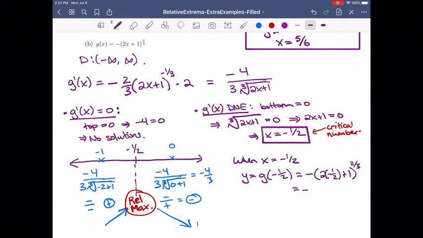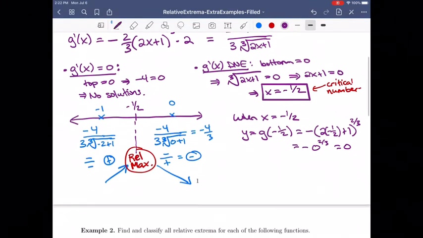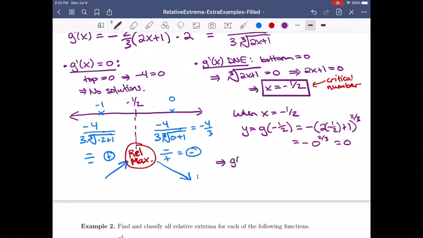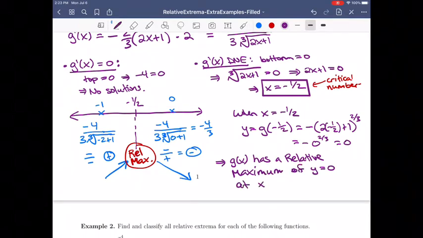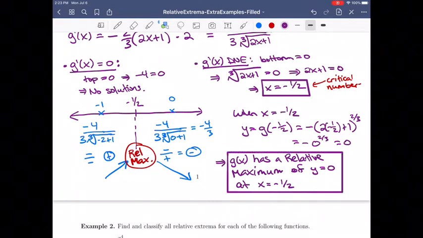So this is 0 to the 2/3, which is 0. Okay, so what that means is that g of x has a relative or local maximum of y equals 0, which occurs at x equals -1/2. Okay, so that's our only relative extrema for this function.